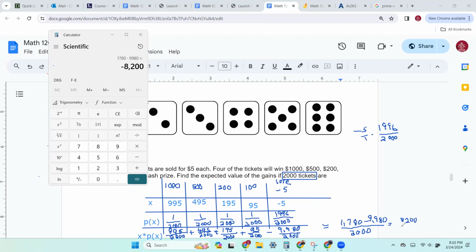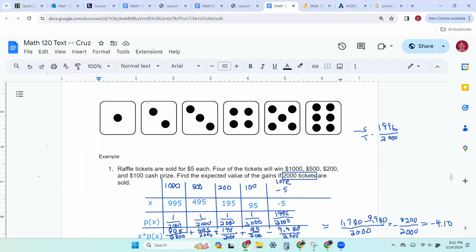So 8,200 over 2,000, and the sign of it is negative, which means that this is going to be a loss for the player. And you would think so, because whoever's running this game, they want to make money by selling these raffle tickets. So then this is negative 4.1, and I'm going to put a 0, because this is the expected value.